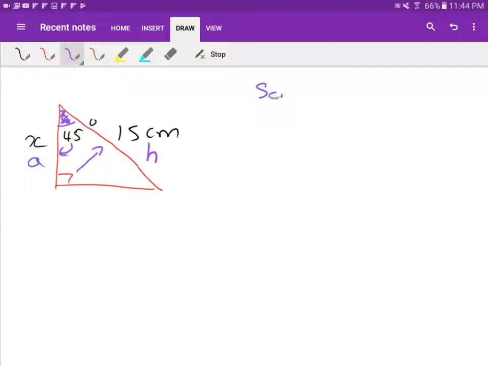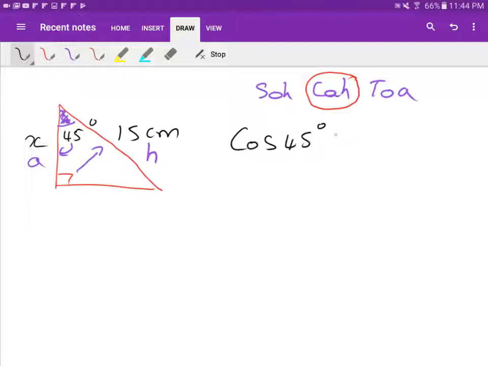Okay, so SOH CAH TOA. We've got A, we've got H, so we need CAH. Then you follow the process. C stands for cos, so you just write cos, and then whatever the angle is, in this case 45, you write it down. Cos 45 is equal to adjacent, which is x, over hypotenuse, which is 15.